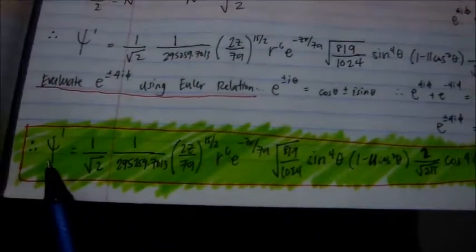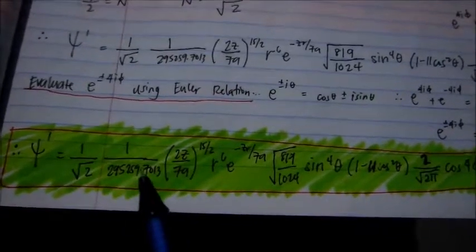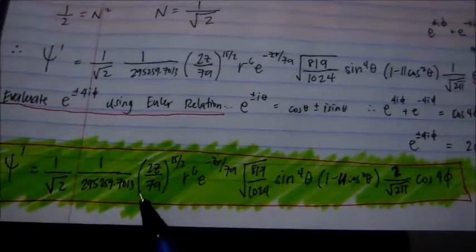So e^(4i phi) plus e^(-4i phi) will be equal to 2 cosine 4 phi. Therefore, our overall psi prime will be equal to this, 1 over square root of 2, times the radial part, which we will cover in the latter lessons.